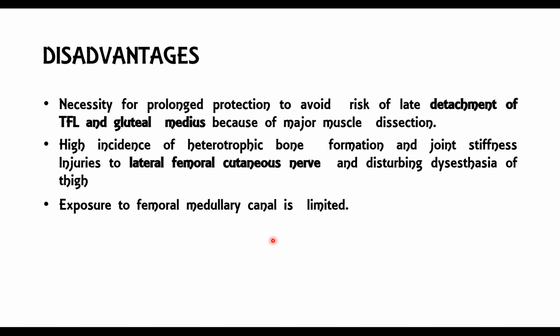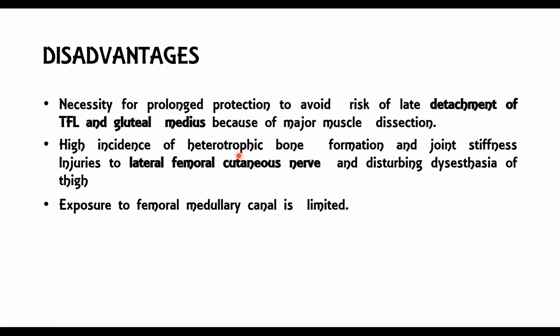What are the disadvantages? You need prolonged protection to avoid the risk of detachment of TFL and gluteus medius. Gluteus medius is the abductor. High incidence of heterotopic bone formation, and joint stiffness.